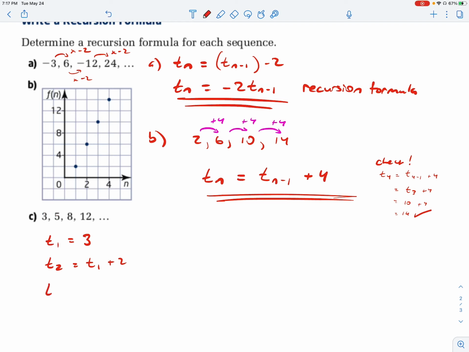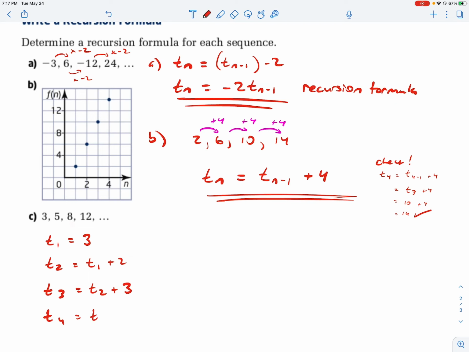What do I need to do to get the third term? I'd have to take 5 and add 3 to get 8. So we would write T2 plus 3. And the fourth term is 12. I'd have to take 8 and add 4 to it to get 12.